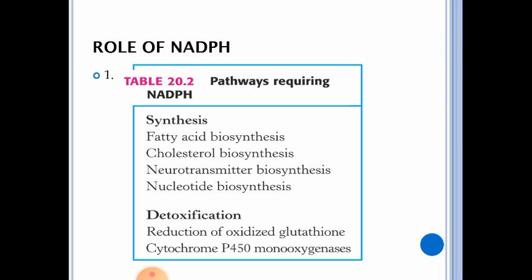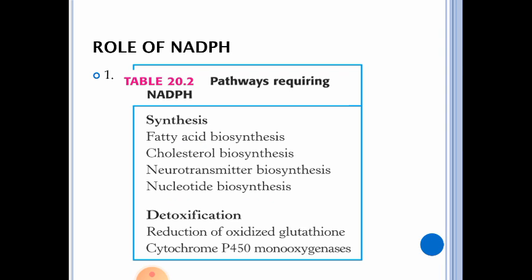So NADPH is required for many pathways, mainly for the synthesis of fatty acids, cholesterol, neurotransmitters and nucleotides. All these biomolecule syntheses require NADPH, and it is also required for detoxification, for the removal of free radicals.